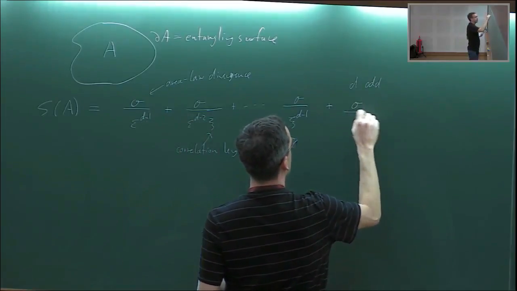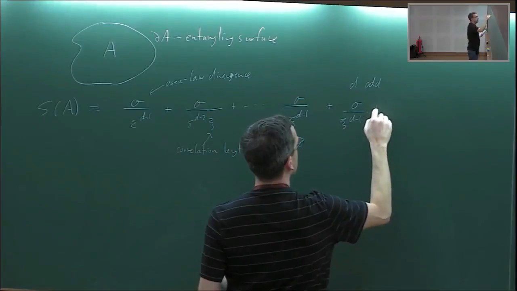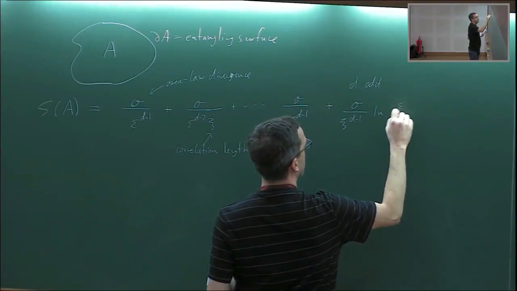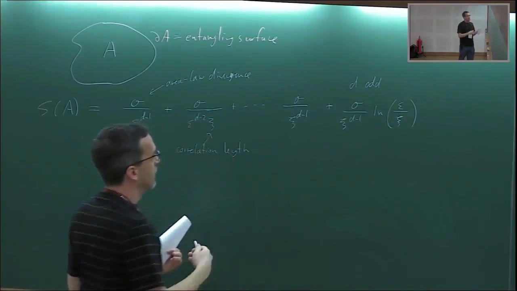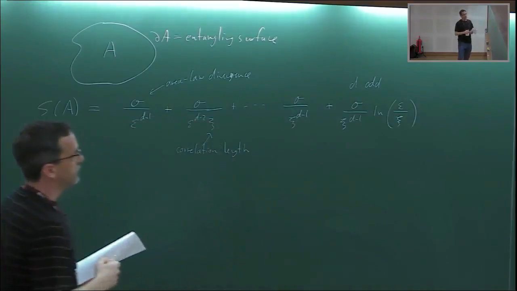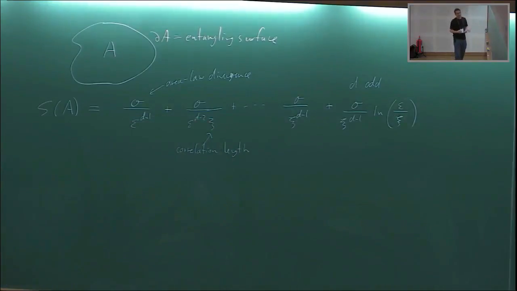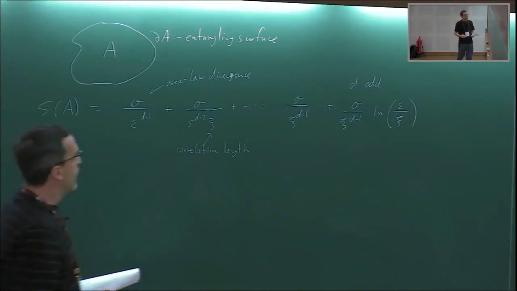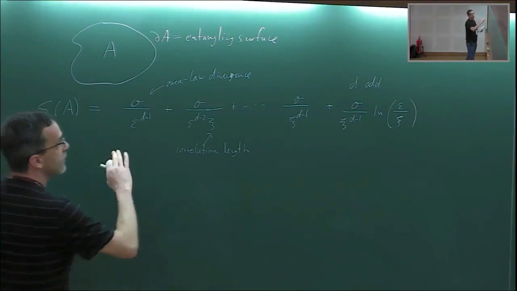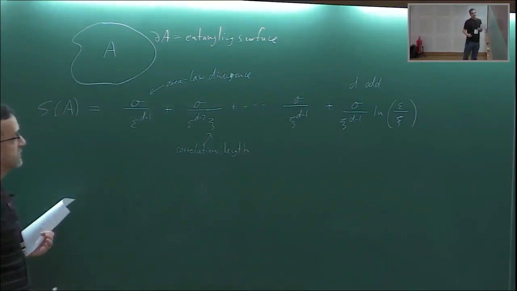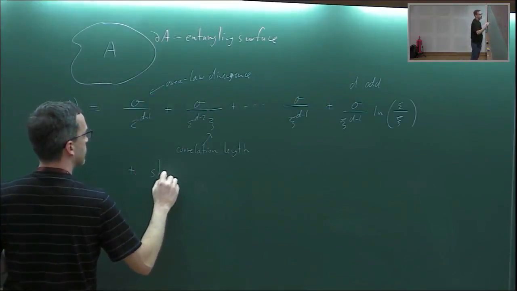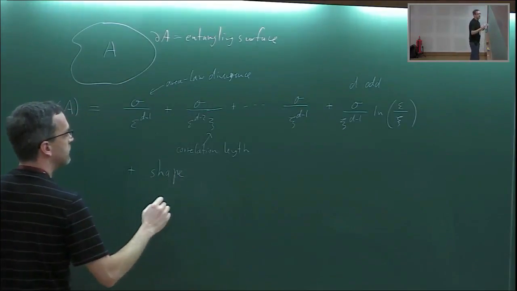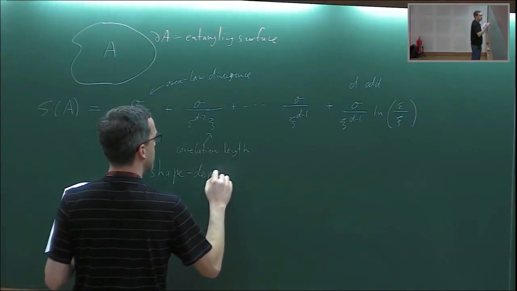For example, something that looks like this, times log epsilon over xc. Terms like this only appear in odd dimensions. All of this is the stuff that's proportional to the area, but there are also, of course, terms that depend on the shape.